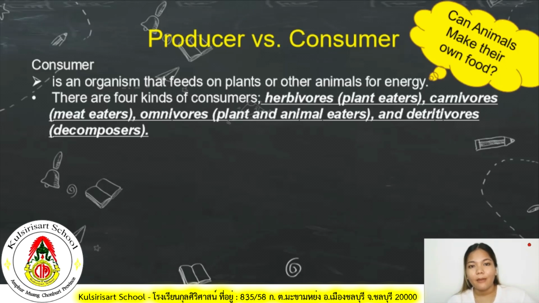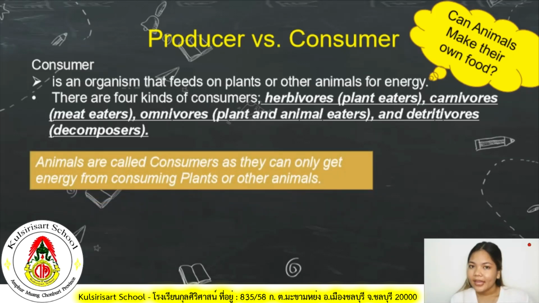Okay, remember that a lion is a carnivorous animal because it eats other animals. An elephant is a herbivorous animal because it only eats plants. And a rat is an example of an omnivorous animal because it eats both plants and animals. Okay, so this is a consumer. A consumer basically is the one that eats the producer.